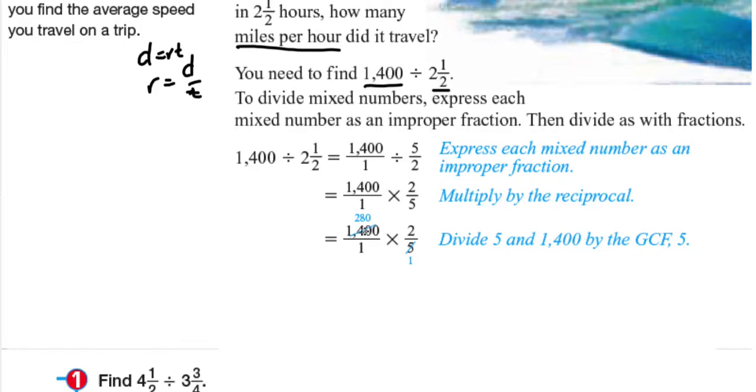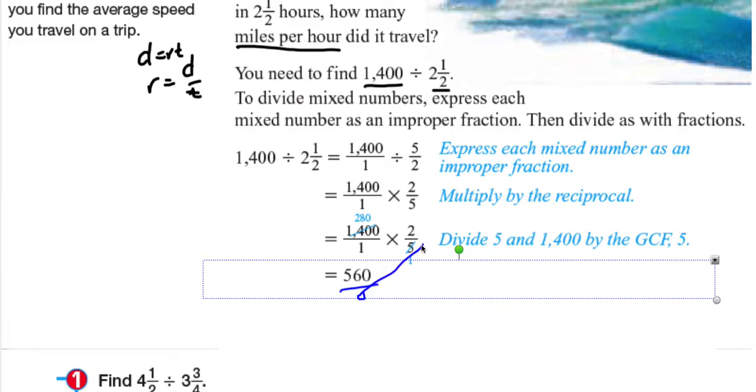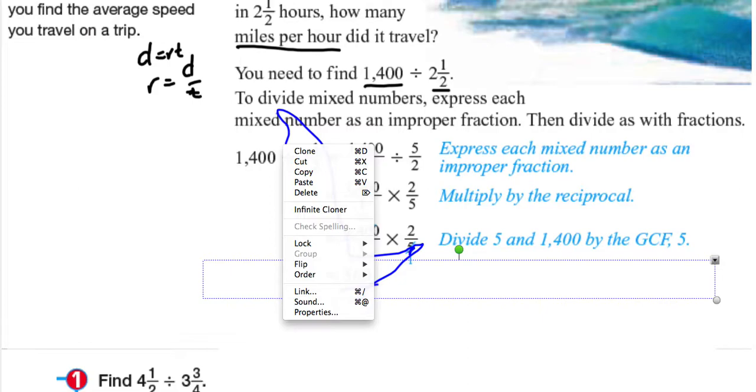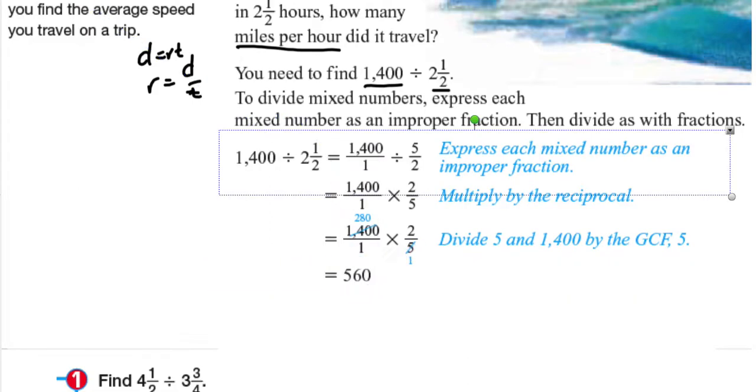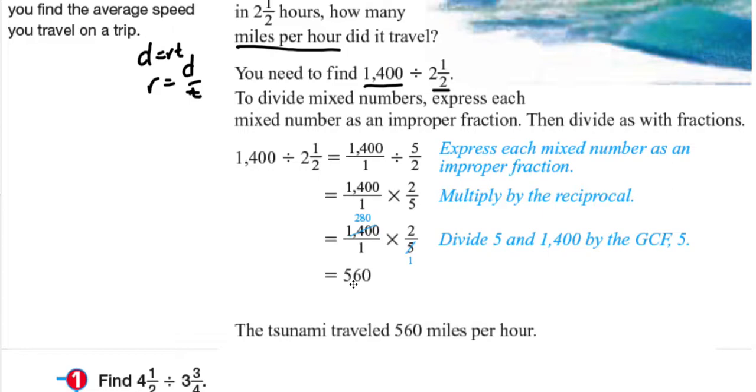Divide 1,400 by 5, that's 280. 5 divided by 5 is 1, and we multiply 280 by 2, which is 560. 1 times 1 is 1, so this is 560 over 1, and since the denominator is 1, we simply leave it as 560.